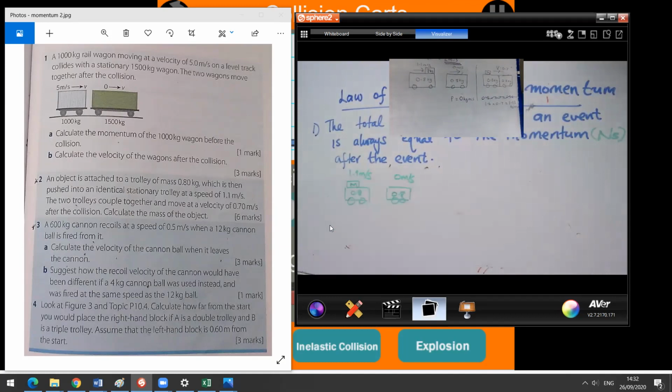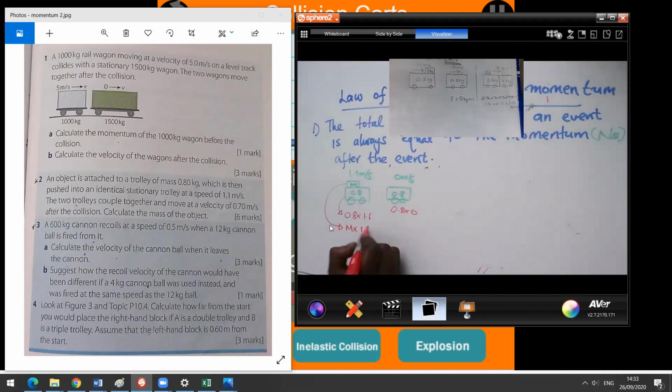Nothing is stopping you from forming an equation to say, well, what's the total momentum of everything? This is 0.8 times 0. The trolley here is 0.8 times 1.1. And this mass is mass times 1.1.